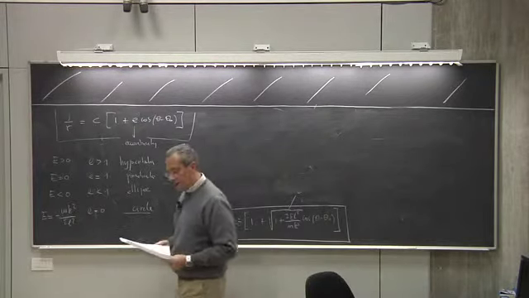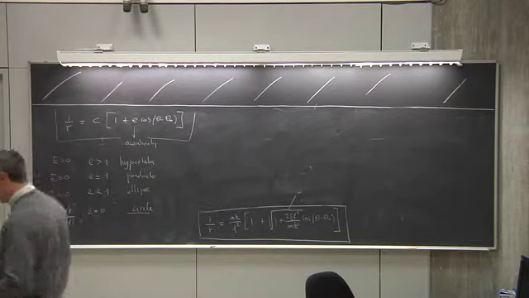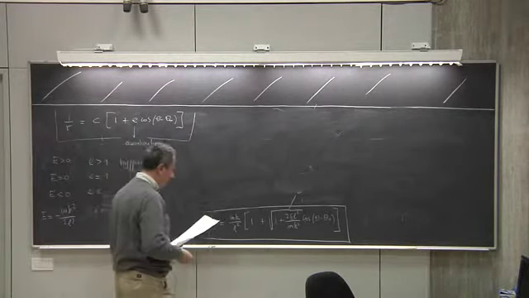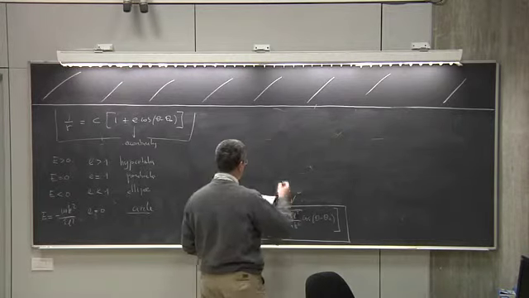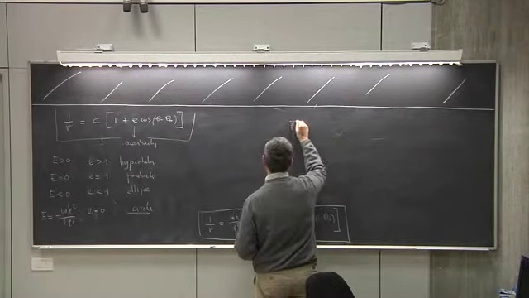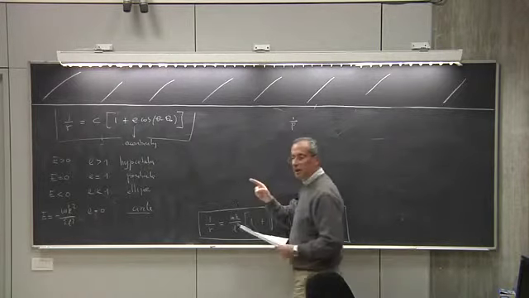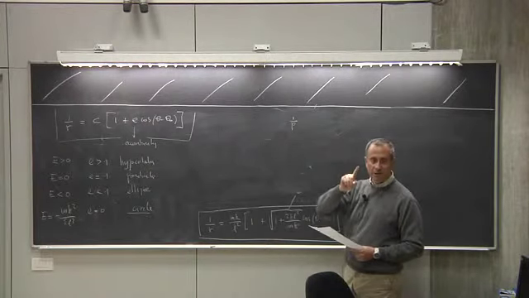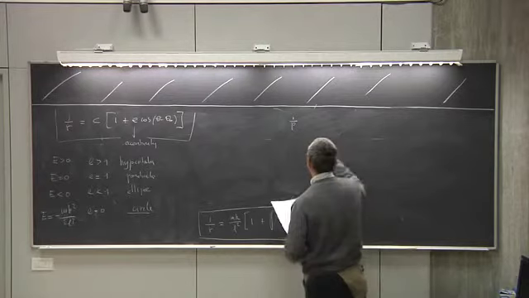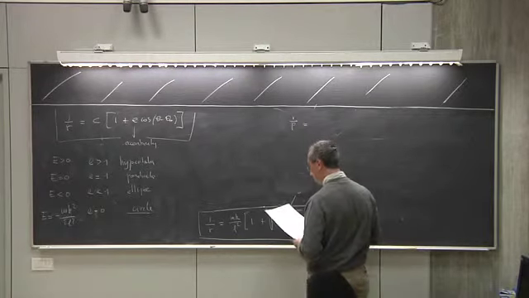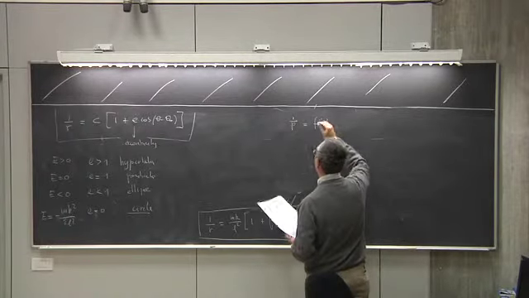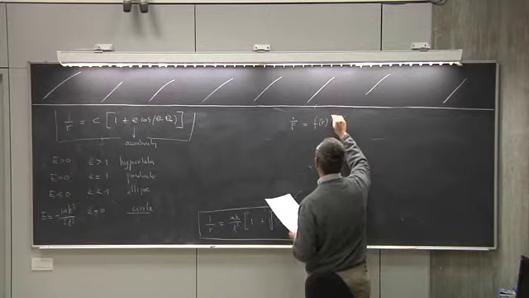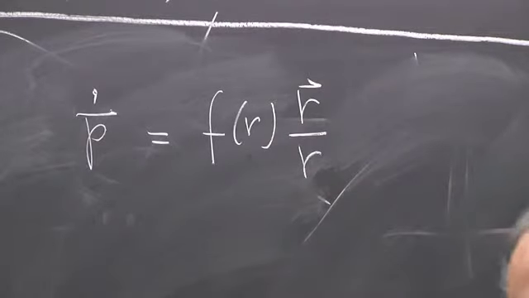If you look at the motion in a central force problem, let's do it using Newton's law. So what is Newton's law? Newton's law tells you that p dot, that is m times acceleration, for a central force is equal to some function of r pointing in the direction of the distance.